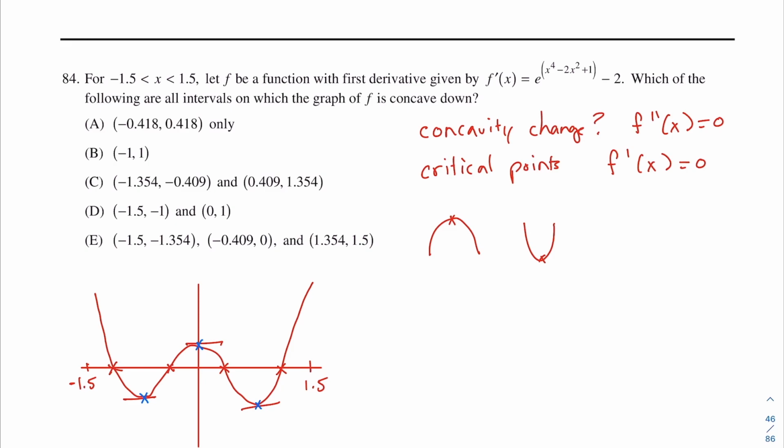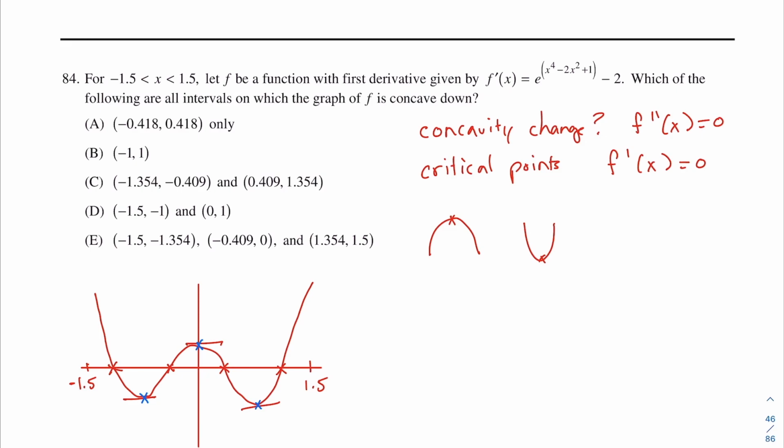Now, a key aspect of something that's concave down is that before our critical point, the slope is positive because it needs to go up to that max, and then after it, it's negative, which means it's decreasing. So the signs of a concave down portion are increasing slope, starting from the point of inflection, up to the critical point, and then decreasing slope after that.